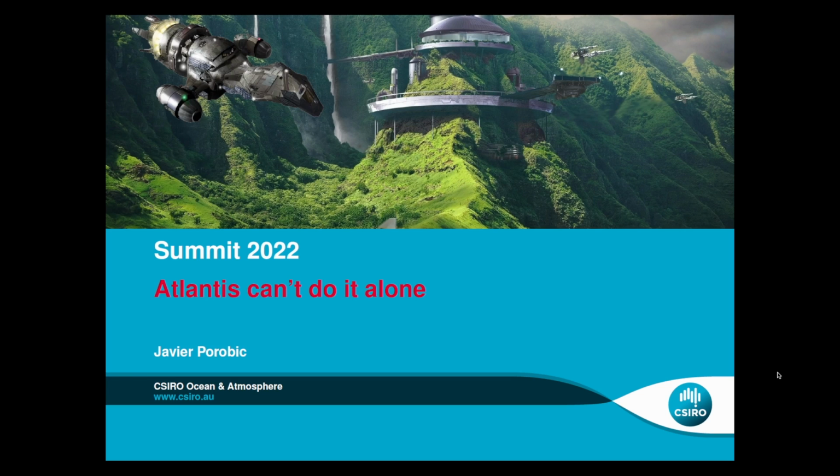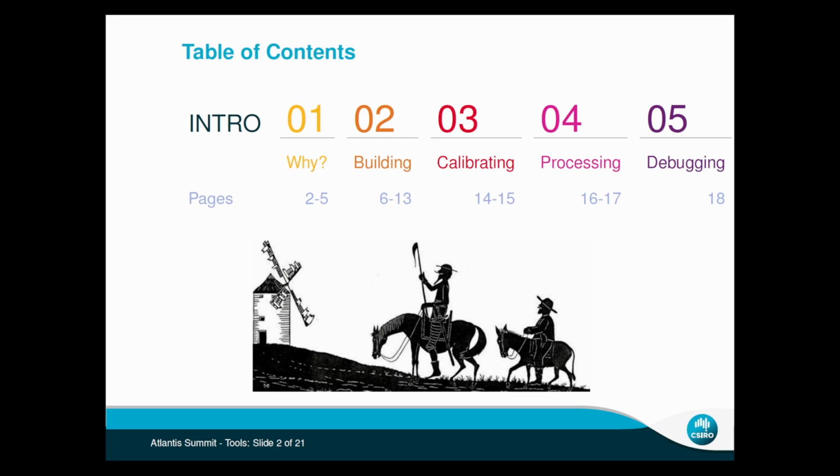I hope at the end of this presentation you will at least have a general view of the type of tools that we have, where we've been, and where we are going. This presentation is just about the tools and the support that we have for Atlantis.